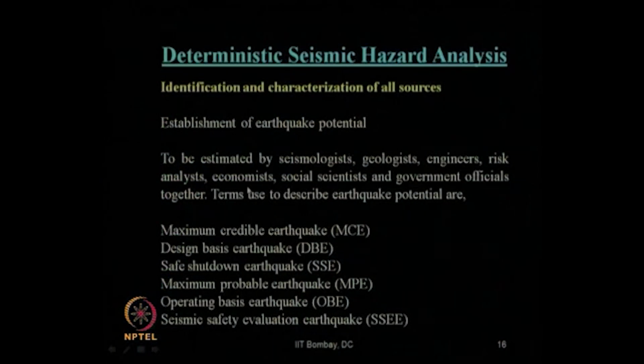Now, the establishment of that earthquake potential is to be estimated by the seismologists, geologists, engineers, risk analysts, economists, social scientists and government officials together.